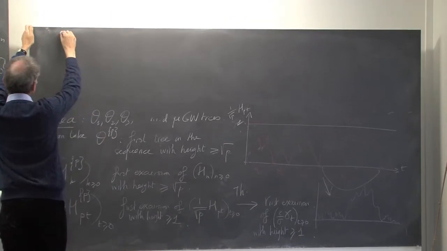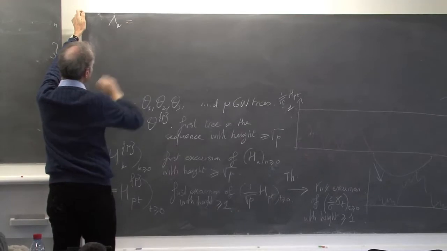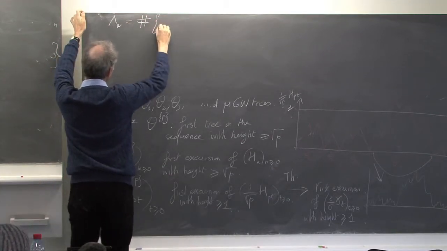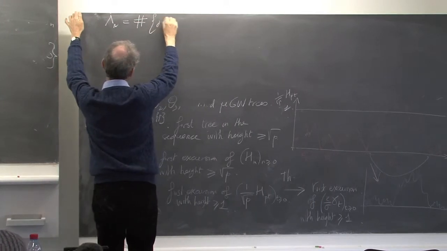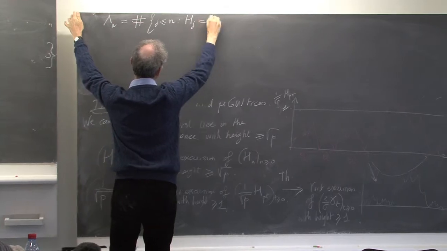Sorry for that. I will call lambda n. I come back to the random walk. Lambda n will be the cardinality of the set of j less than n where a_j is equal to 0.